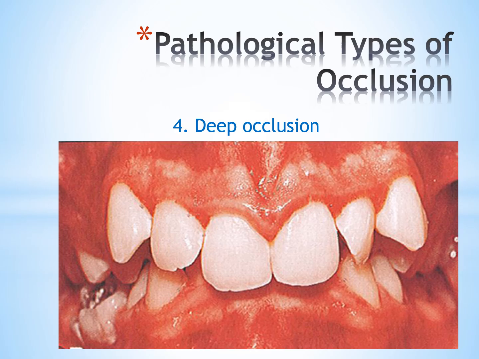And the opposite situation from open occlusion, deep occlusion. Deep occlusion is a situation when the upper frontal teeth cover the lower frontal teeth by more than one-third of the crown length of the lower frontal teeth.